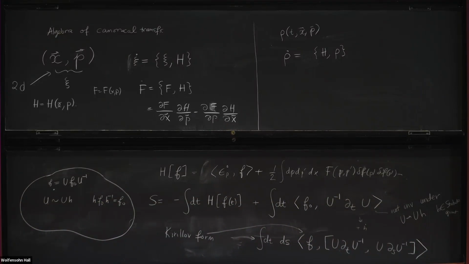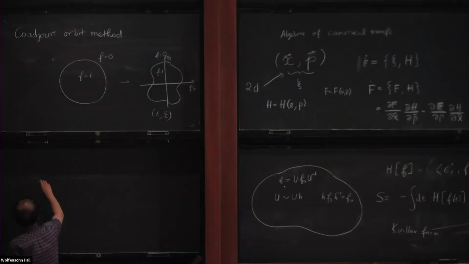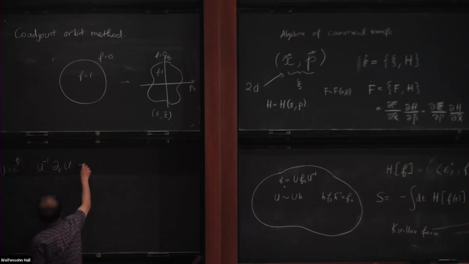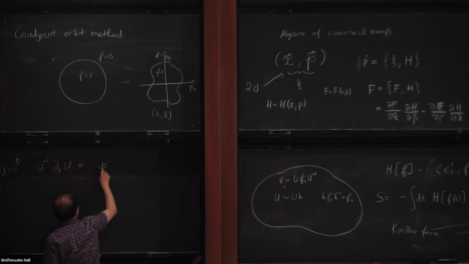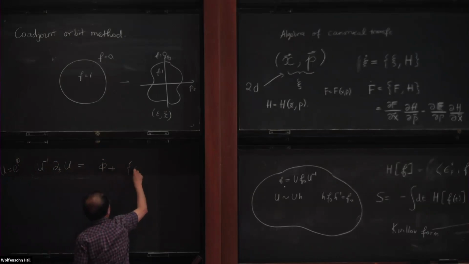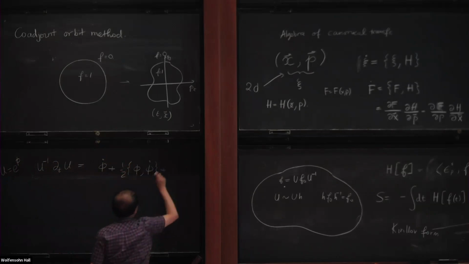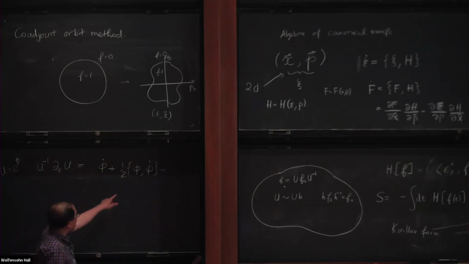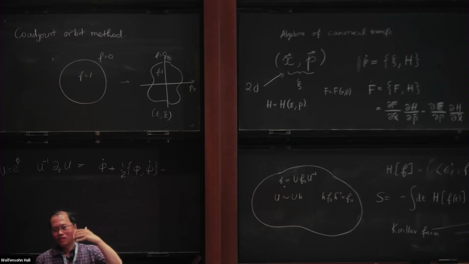If I compute u minus 1 dt of u, with u equal e to the power of phi, I would get something like phi dot plus phi dot, I think with a factor of 1/2, plus dot dot dot. So here you start to have derivatives over x, and then more derivatives. If one works in perturbation theory, we will get all terms to be local, but with more and more derivatives in x.